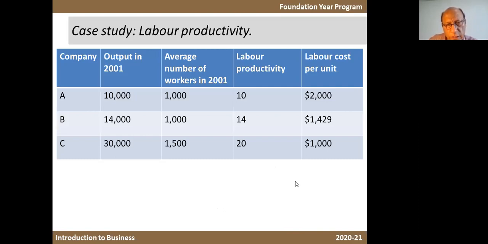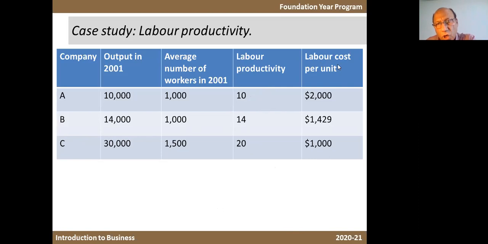So this is the result. What is the conclusion? Company A productivity is 10, B is 14, C is 20. For labor productivity, is higher better or lower better? Higher is better.